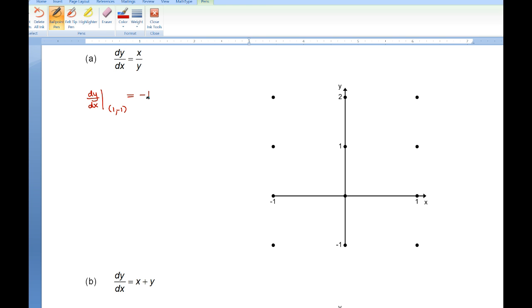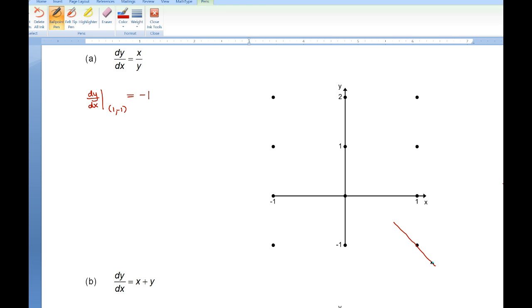So we go through the point, and it's an approximation. A slope of negative 1 would be maybe like this, whereas a slope of negative 2 is going to get steeper. A slope of negative 1/2 would get more horizontal, right? Because this is a slope of 0, this is an undefined slope. So you can kind of imagine that.